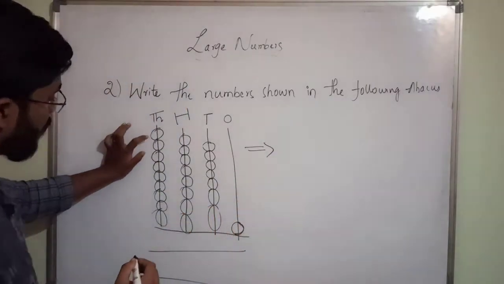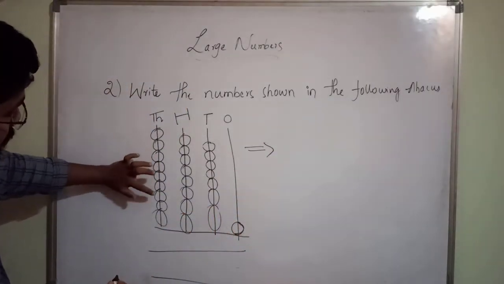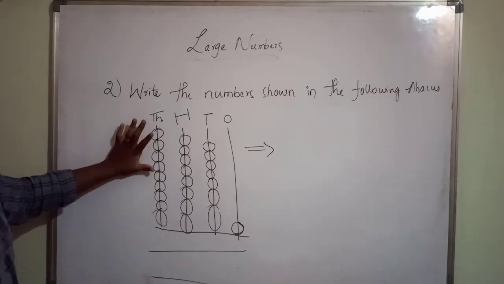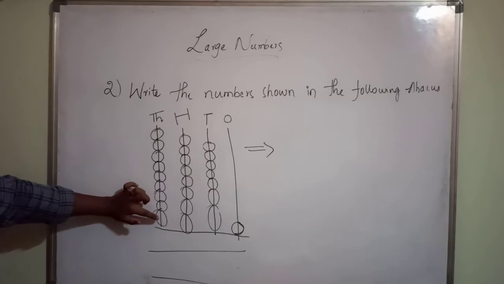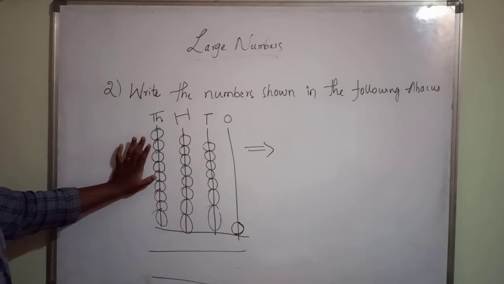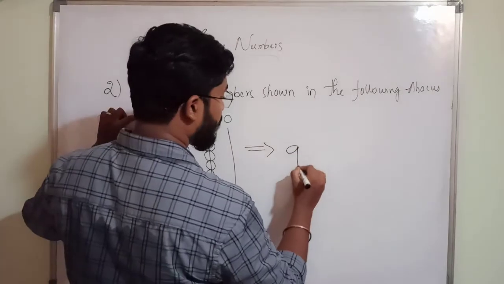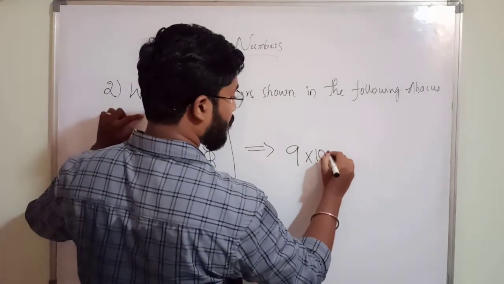So 1 2 3 4 5 6 7 8 9. Which place? There are 9 balls. Count these balls. These balls are in which place? Thousands place. So what I said, 9 into 1000.